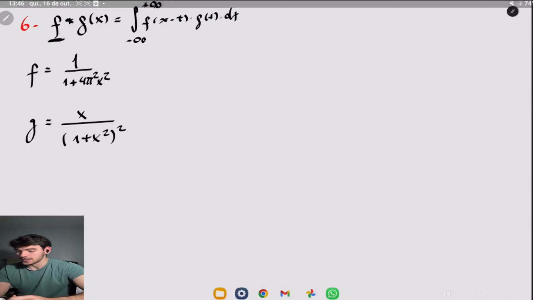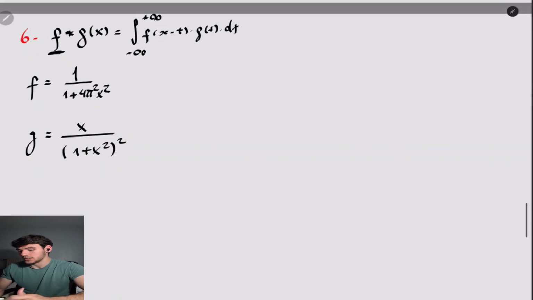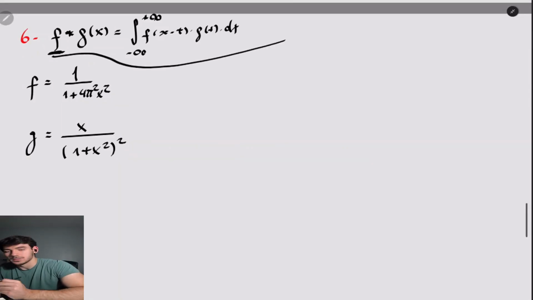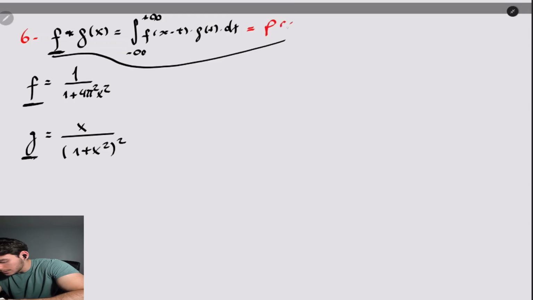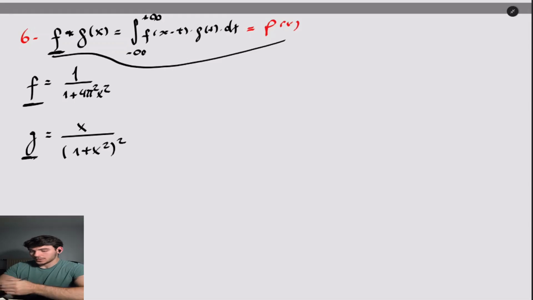That's exactly what we have in the question, and that's exactly the definition of a convolution product. So we are basically doing a convolution product using those functions that I've written there, and that's equal to p of x. That's the understanding of the equation of the question, and now we can work with that.